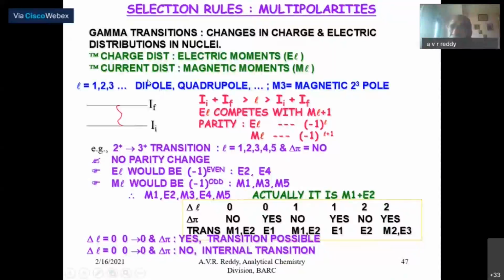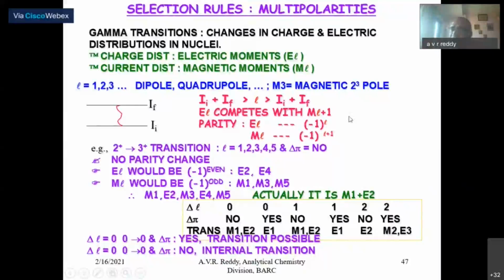These gamma transitions are facilitated by the change in the charge distribution and the current distribution. Charge distribution reflects in electric moments and current distribution reflects in the magnetic moments. Both can be measured. And if the absolute value of II minus IF is less than or equal to L, which is less than or equal to II plus IF, under such conditions we can find out what the multipolarities are.